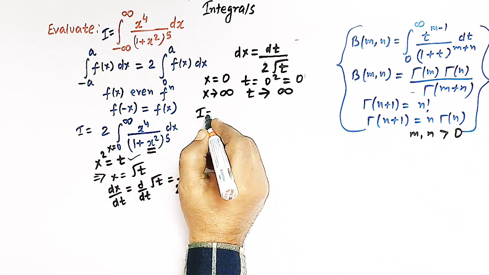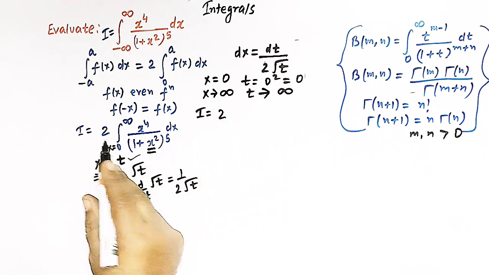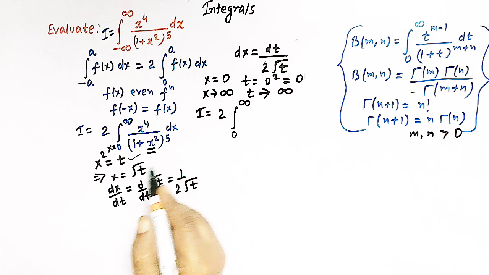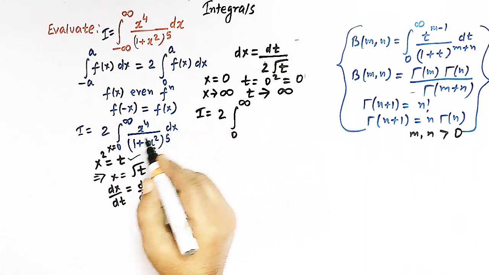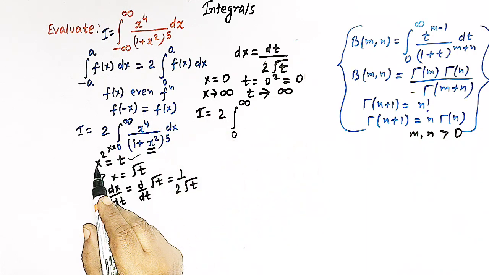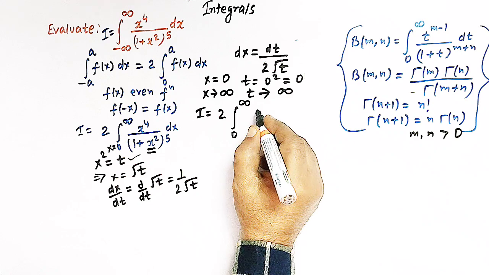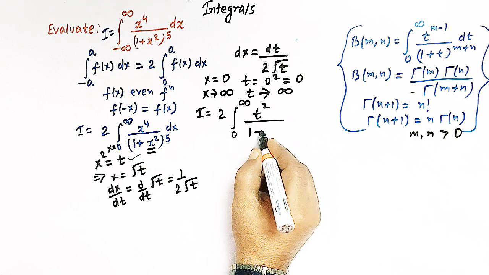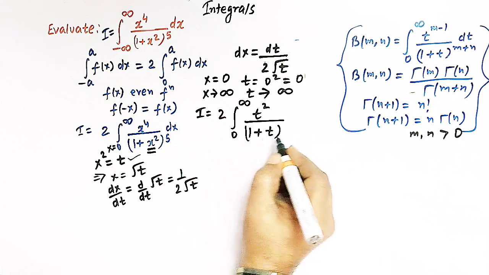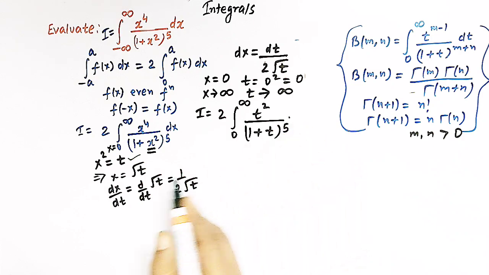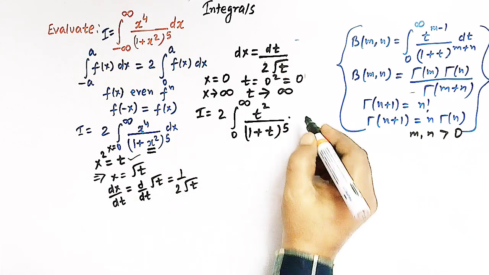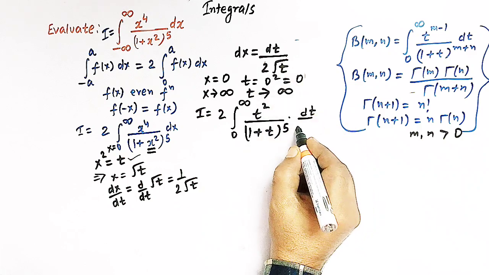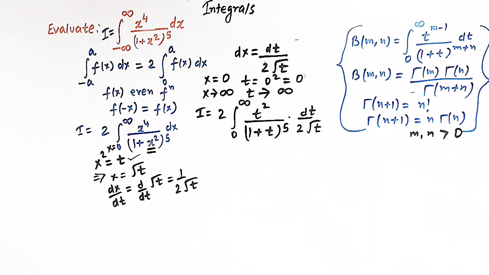We have I equal to 2 times the integral from 0 to infinity, the limits remaining the same, of x raised to 4, which can be written as t square, over (1 plus t) raised to 5, and for dx we can write dt over 2 times square root of t.